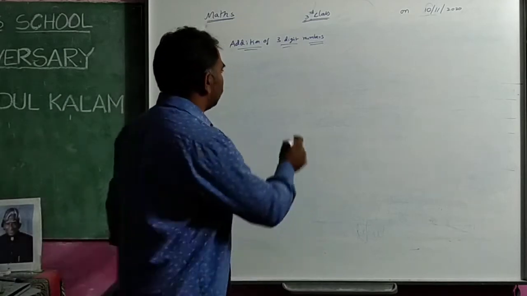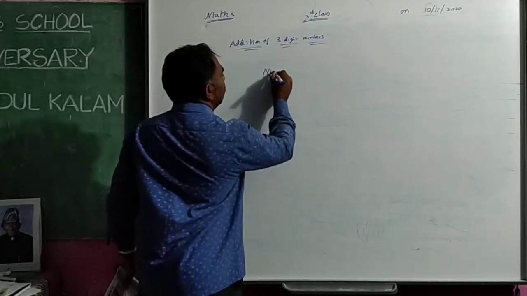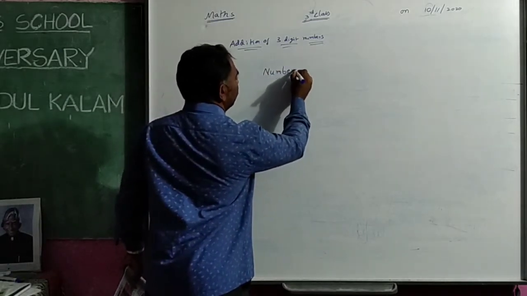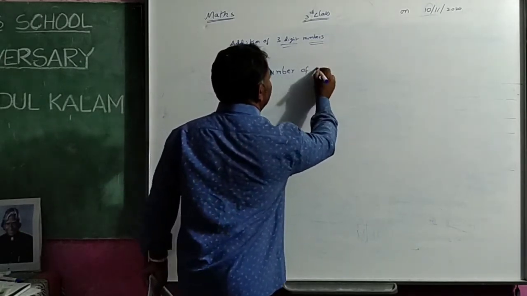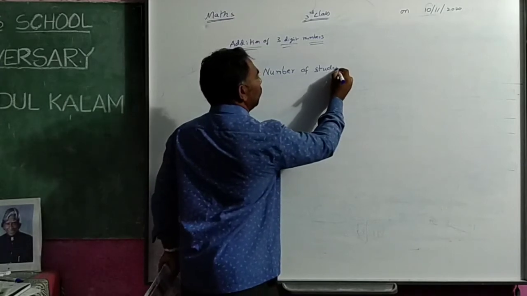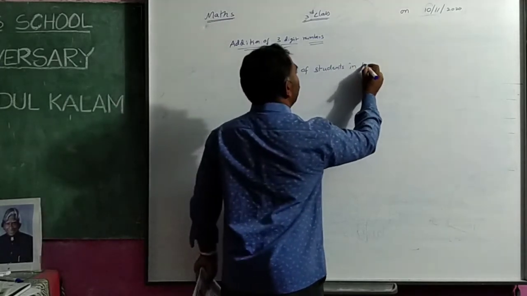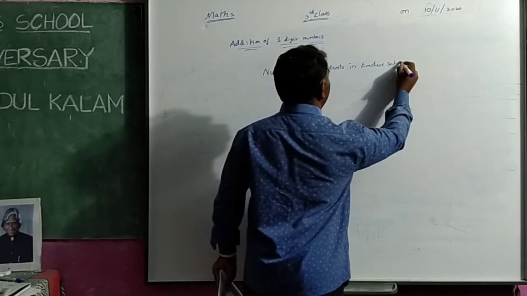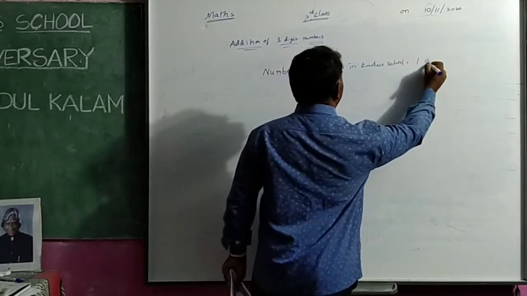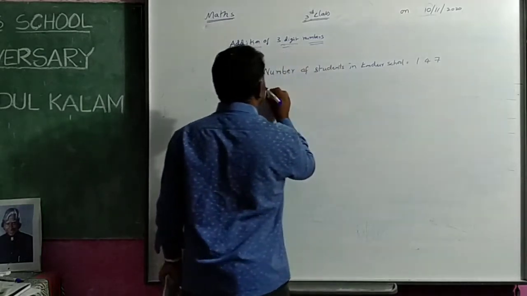So what are the steps we will write here? In Kondur school, how many students are there? That is called as number of students in Kondur school. Number of students in Kondur school is equal to 147.